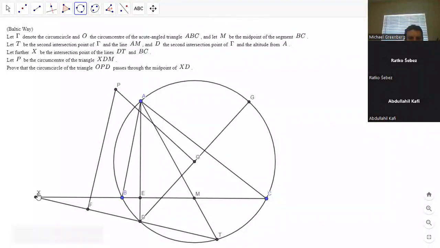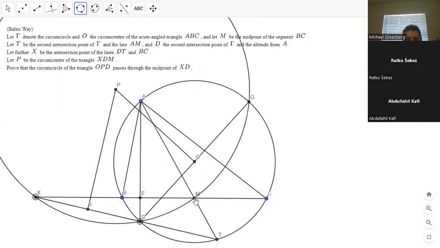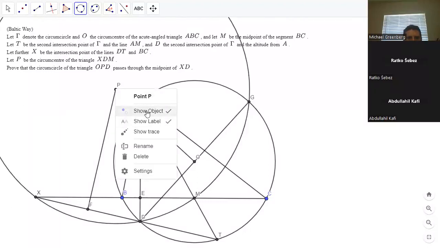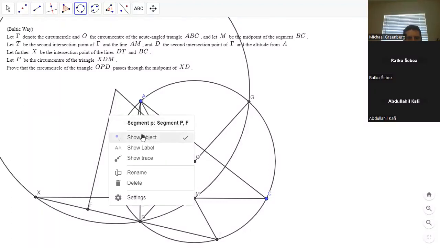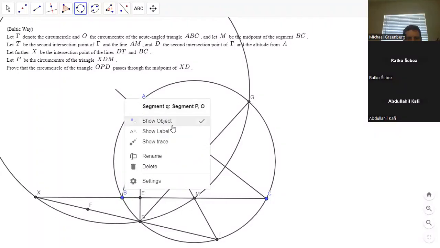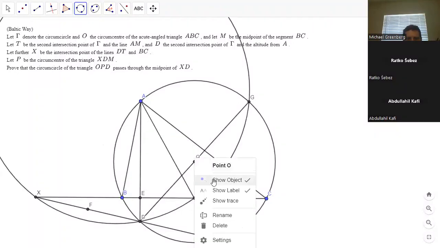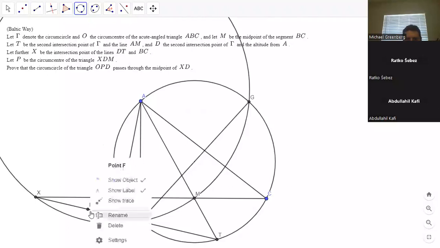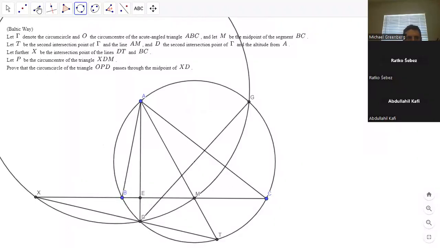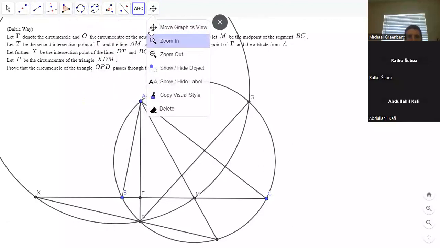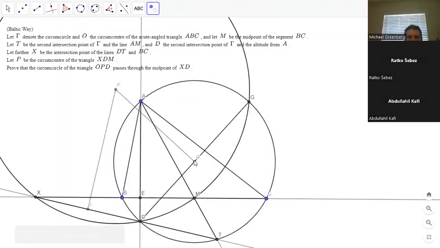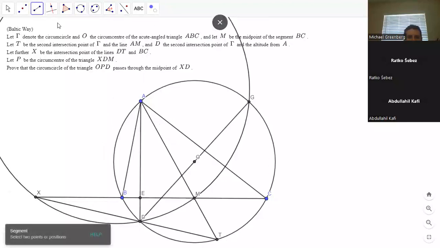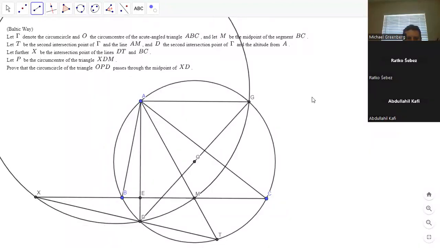So what do we know? XDMG. We get rid of point P for now. We don't need any of this. AG is, well, I can still show point O. So AG is parallel to BC.